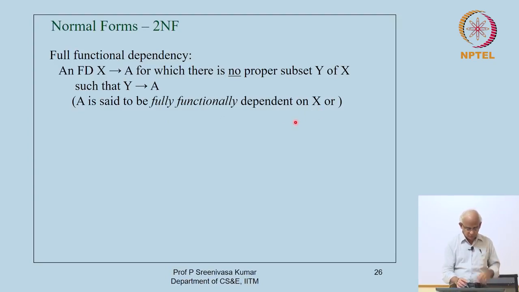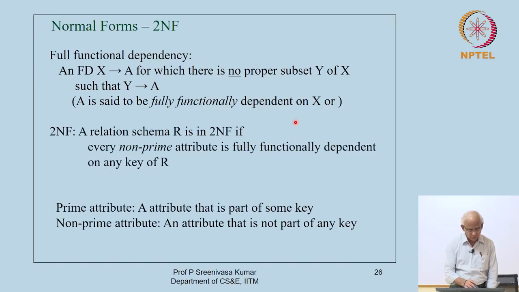Now the normal form definition goes like this. A relation scheme R with respect to a set of functional dependencies is said to be in the second normal form if every non-prime attribute is fully functionally dependent on any key of R. This is important.